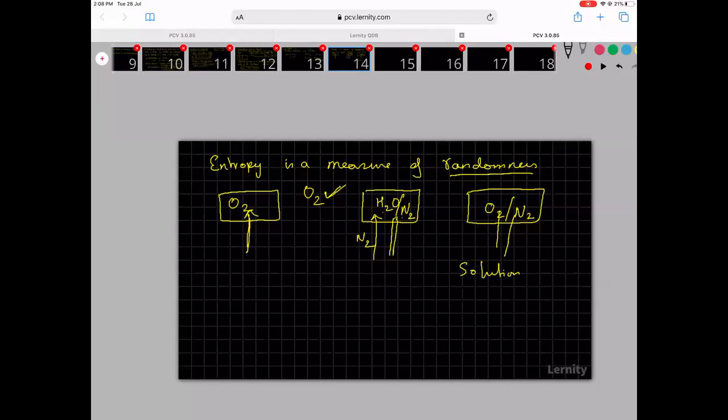In this case, I am touching nitrogen, nothing else. In this case, I am touching I don't know what. So randomness here is more. So S2 will always be more than S1. A solution will always have a greater randomness than solute and solvent.